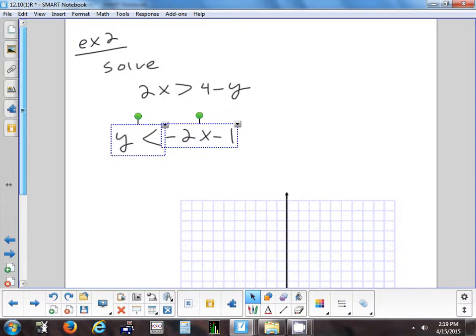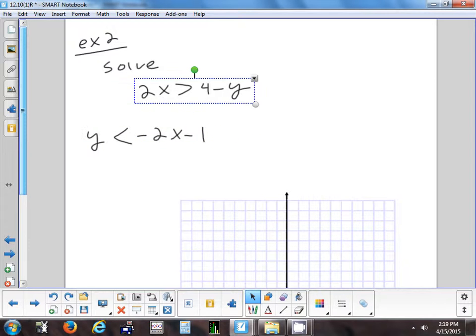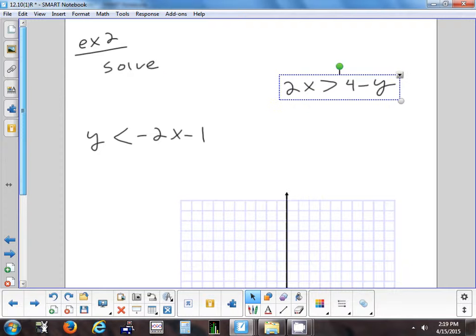The Y and the X are in opposite places. Okay, top one we need to fix. How should we fix it? Where should Y be? On the left side. So how would we move Y to the left? You would add Y.